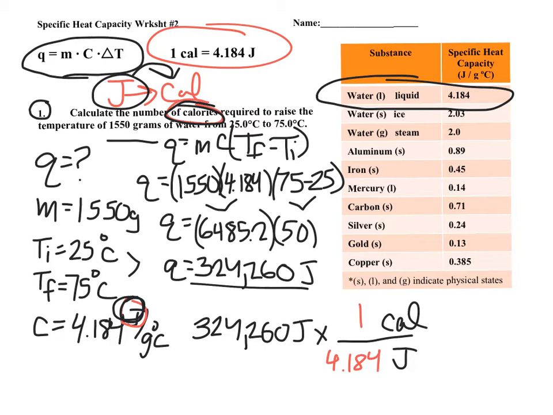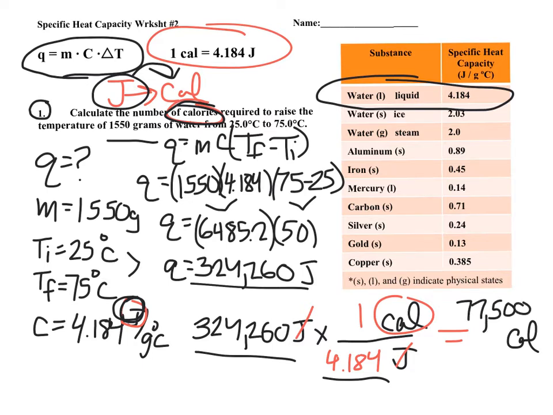Now I know that for every 1 calorie, there's 4.184 joules of energy. So when I do that, notice that my joules will cancel out and I'll be left with units of calories, which is exactly what I want for my answer. So 324,260 divided by 4.184, what I end up getting is about 77,500 calories.